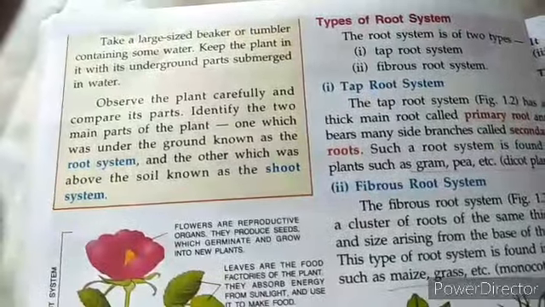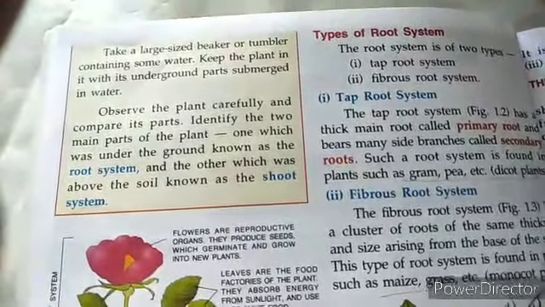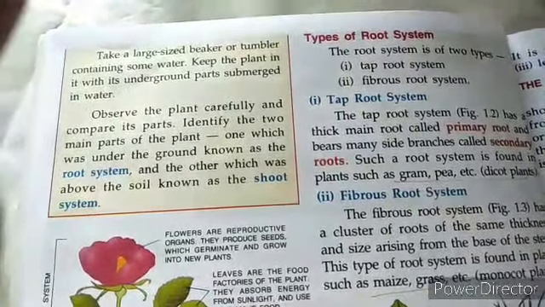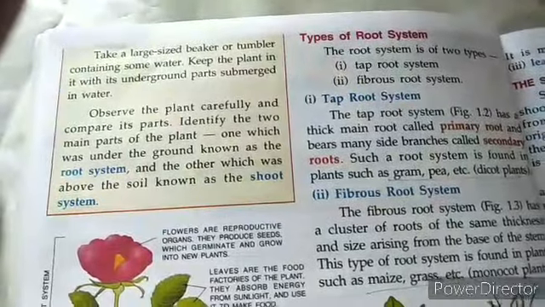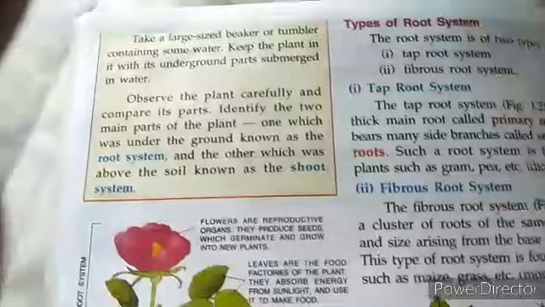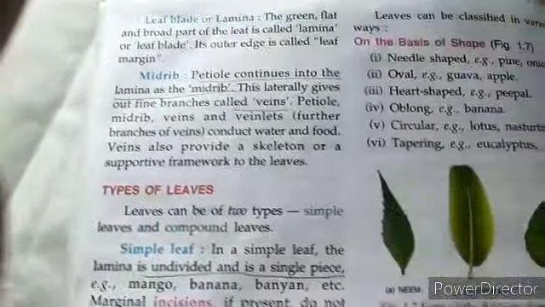Such a tiny one you can take and do this activity, so that you can see, after washing the roots, how the roots are seen and how the entire plant is visible. That activity you can do easily if you are willing to. It doesn't need much explanation, that's why I'm not going into it.